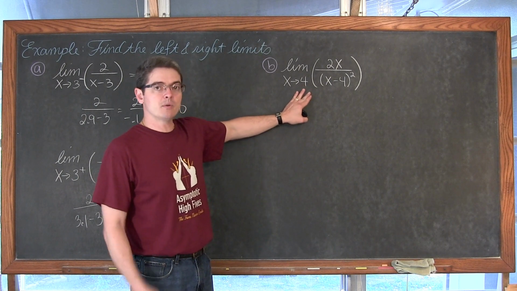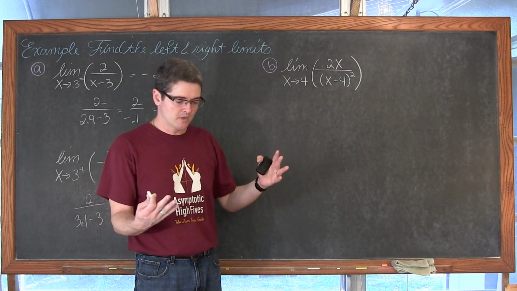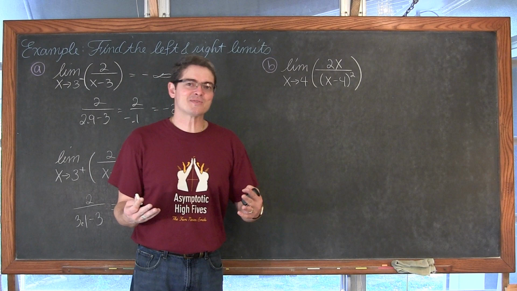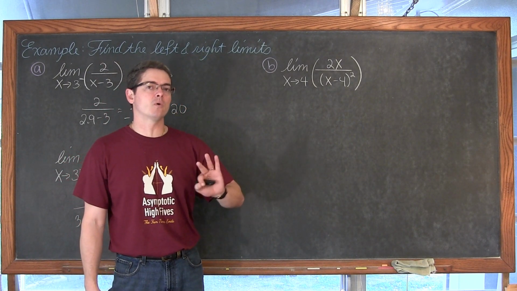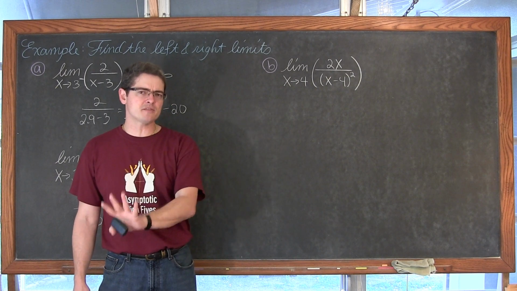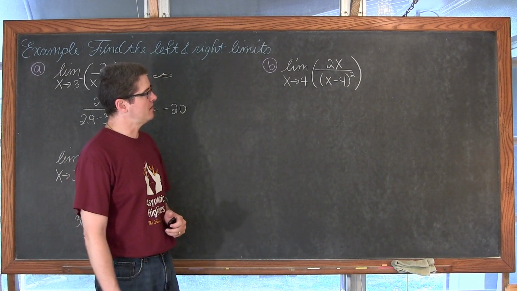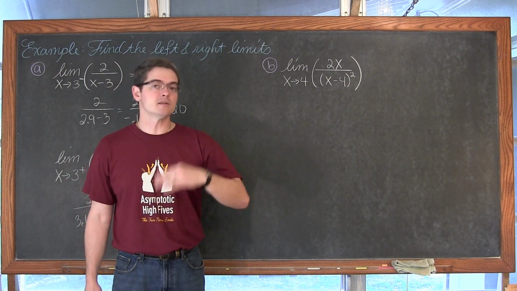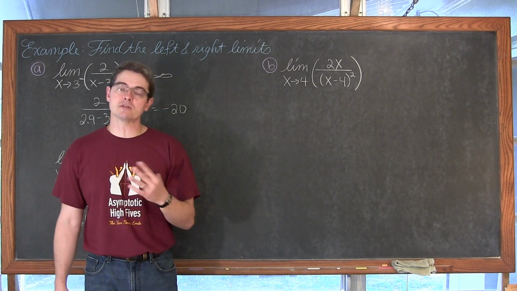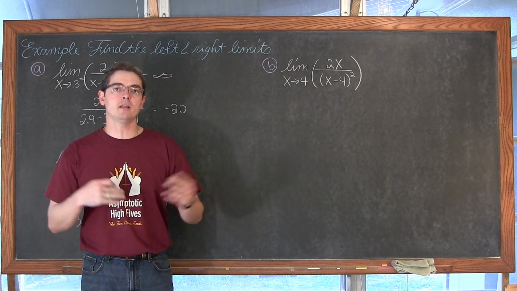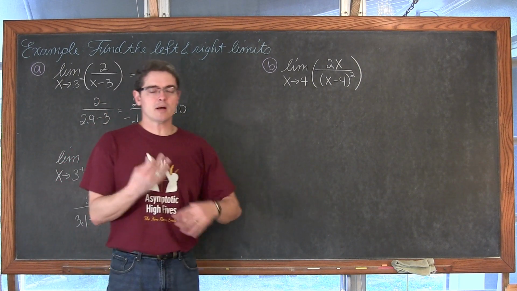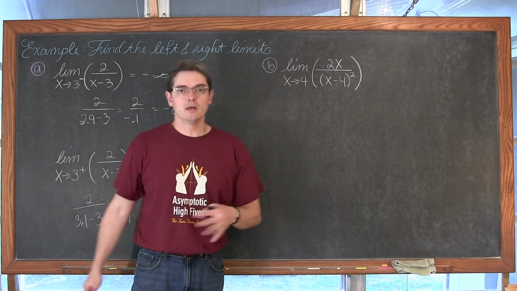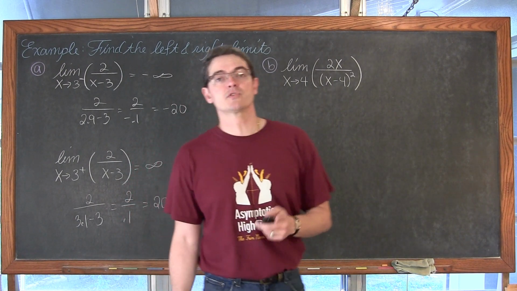I'm going to pause the video and show you the answers, testing just to the left of 4 and just to the right of 4, and see if you can come up with the infinite limit yourself as x approaches 4. Is it positive infinity, is it negative infinity, or does it not exist because the left and right limits are not equal? So I'm just going to step off and then slowly every couple of seconds or 5 seconds reveal a couple of parts of the solution.